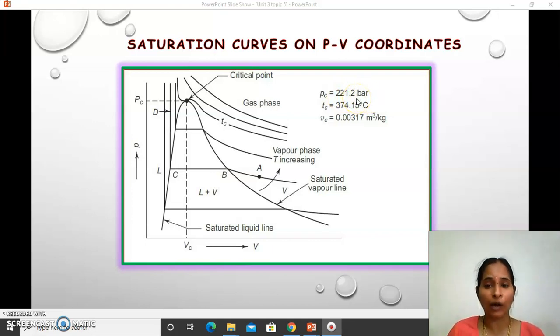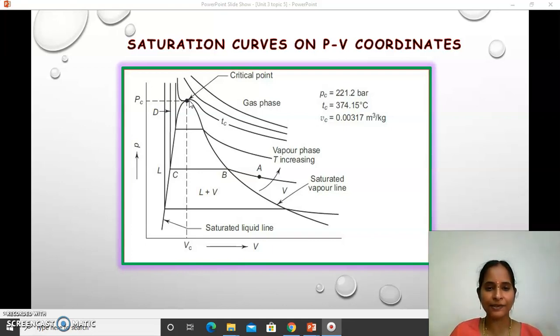Just think, our atmospheric pressure is 1 atmosphere, 1.01325 bar. Critical pressure means you have to increase the pressure in the boiler to 221.2 bar, and at this pressure the saturated liquid suddenly flashes into water vapor.